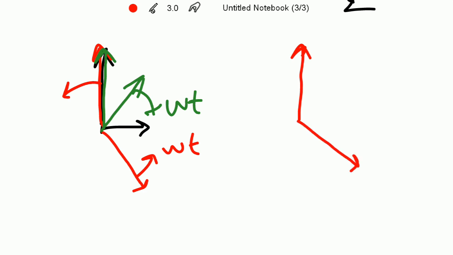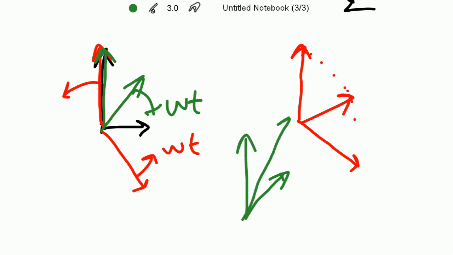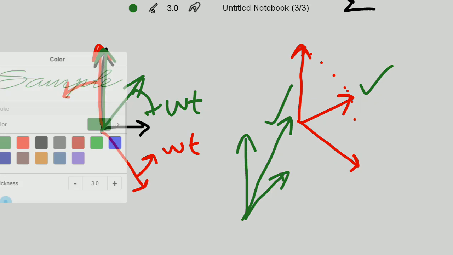These are the two red ones, and let's suppose this is my resultant. Now similarly for the green ones, let's suppose this is my resultant. So now I'll be drawing only these resultant ones. So please remember this.